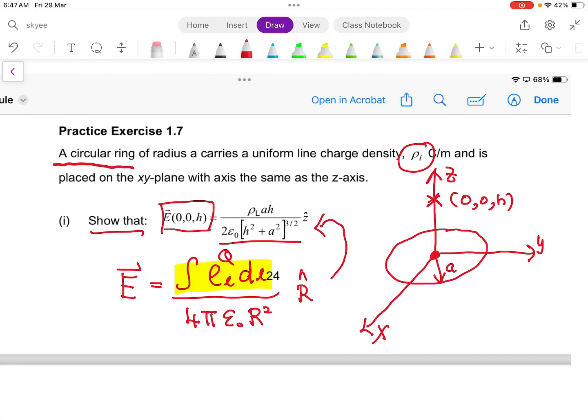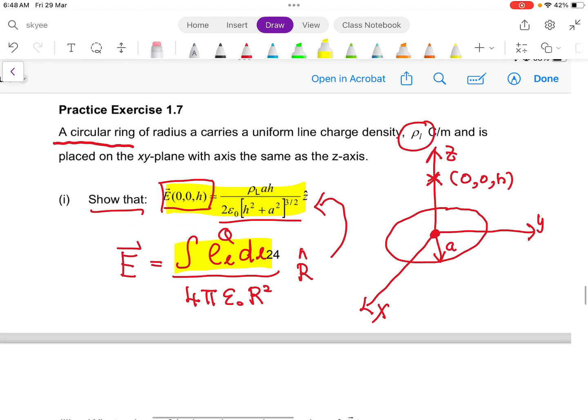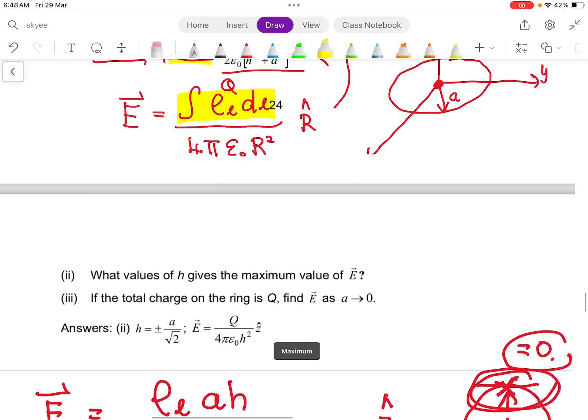I'm not going to do the derivation here because it is already available in your PowerPoint notes or in your module. You can refer to the steps of how the equation of E is transformed into this equation. You can refresh it yourself. We move on to question number 2.